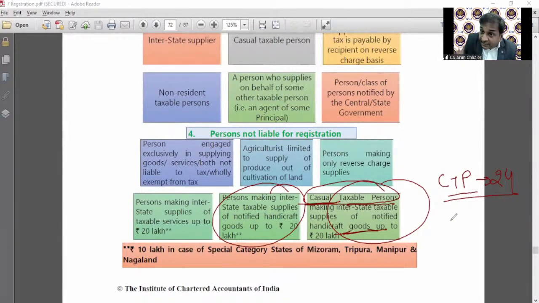Then you will ask the question, sir, whether this exemption is available to the normal person. Answer is yes, because a separate item is being given. That is the reason these two points have not been merged. Okay, kindly give me the confirmation. I hope it is clear, Ria Bhatia, and one more participant has asked this question.